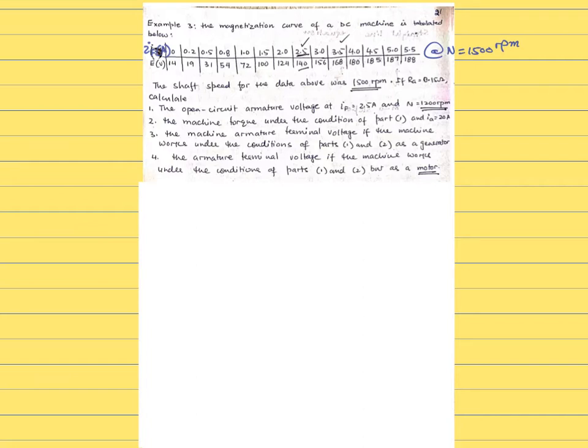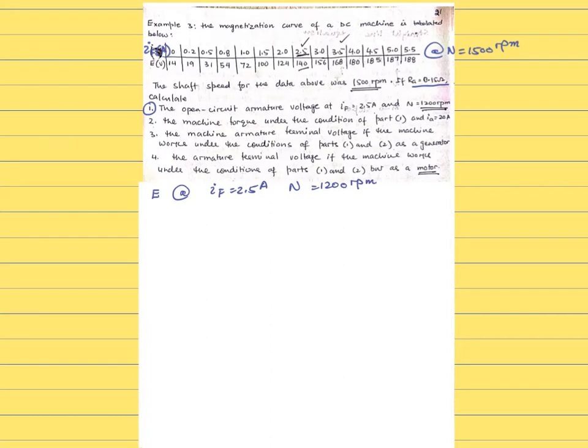RA is there. The open circuit armature voltage, that's what we have to calculate. So we're calculating part 1, the open circuit armature voltage, which is E at IF of 2.5 amperes and a speed of 1200 RPM.